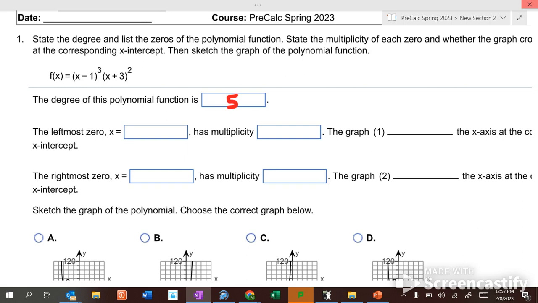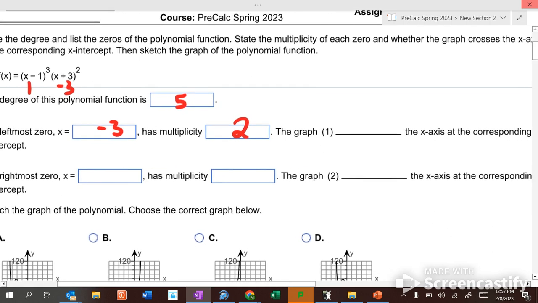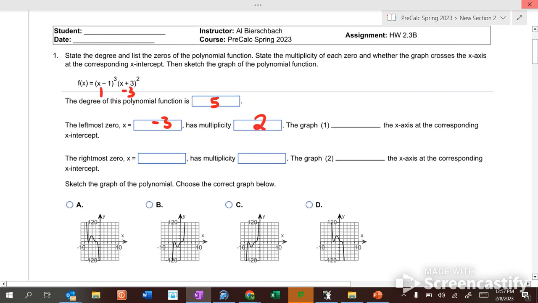The leftmost zero is at what? This one is at 1. This one's -3. What's further left? -3. It has a multiplicity of 2. The rightmost zero is at 1. It has a multiplicity of 3.